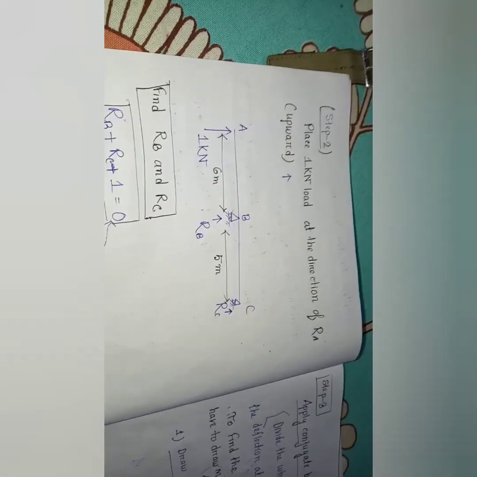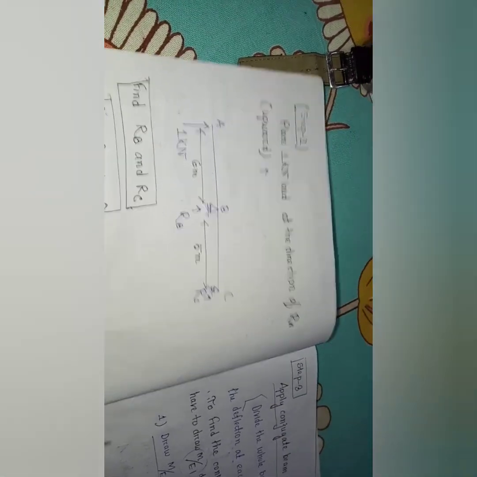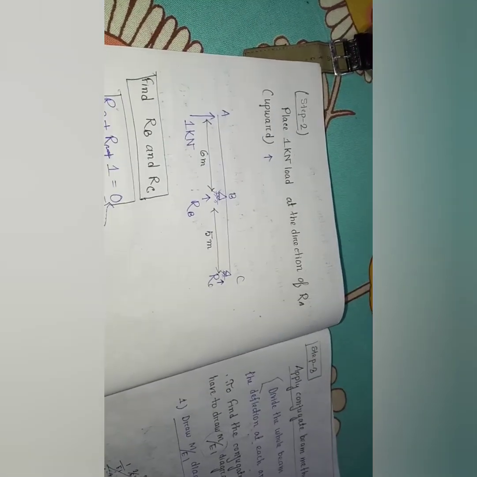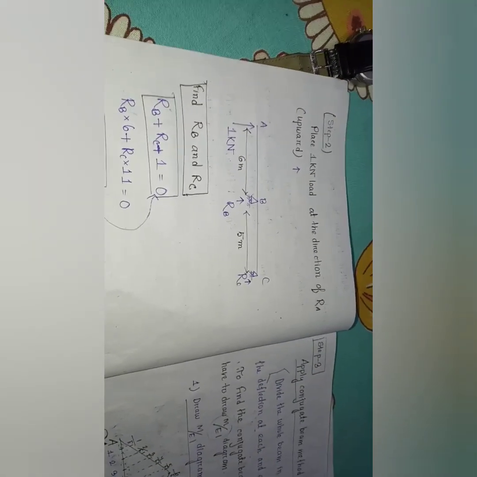Now we'll move to step 2. The second step was to place a 1 kilonewton load, that means a unit load, in the direction of RA, whatever you can say, that is upward. In our question we can see that RA is upward, and in our step 2 we have to place a 1 kilonewton load in the direction of RA, that means upward.